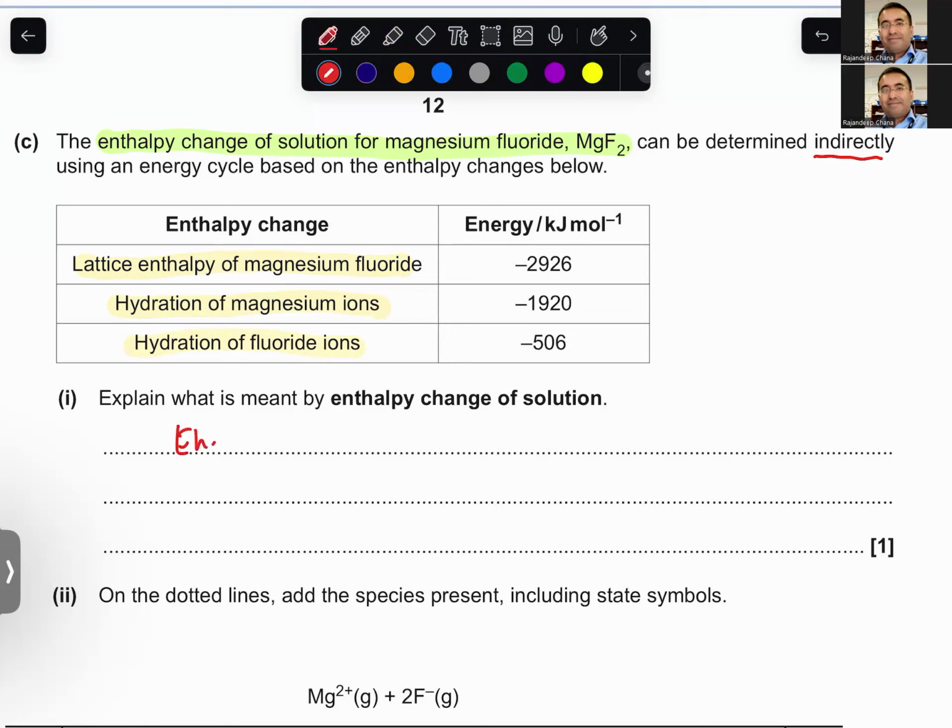It's the enthalpy change when 1 mole of a substance dissolves to form an aqueous solution. This is the main wording. 1 mole of a substance dissolves.